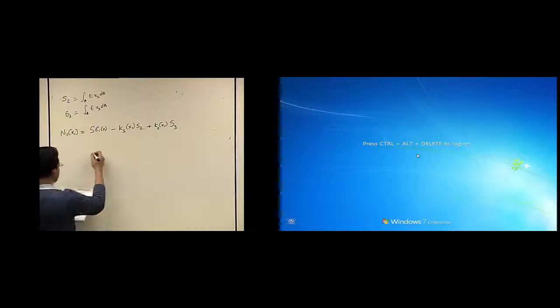And it can be written in matrix form. So N1 is equal to a 1 by 3 matrix of S, S3, minus S2, multiplying a 3 by 1 column matrix of axial sectional strain and the sectional curvatures about X2 and X3.